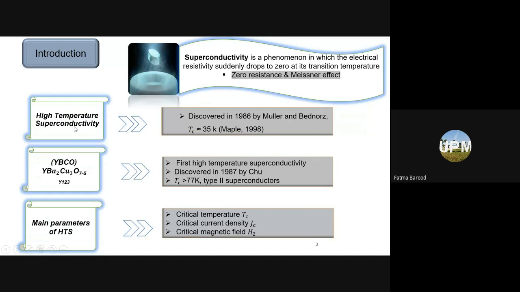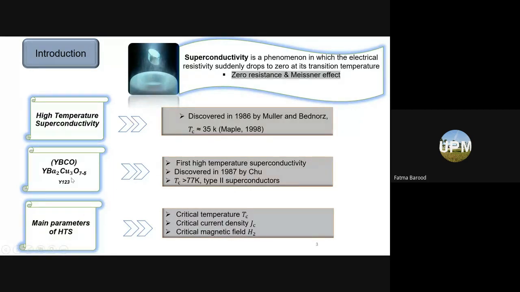So one of the most exciting developments in modern physics has been the discovery of high temperature superconductivity in copper oxide with critical temperature around 35 Kelvin. This was followed by the discovery of YBCO by Chu, which was the first to show superconductivity around 77 Kelvin.